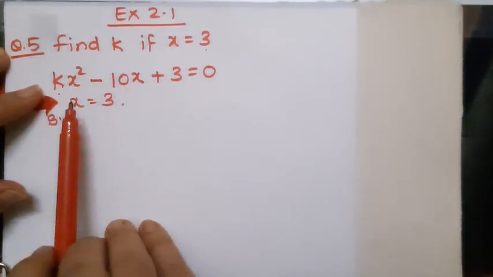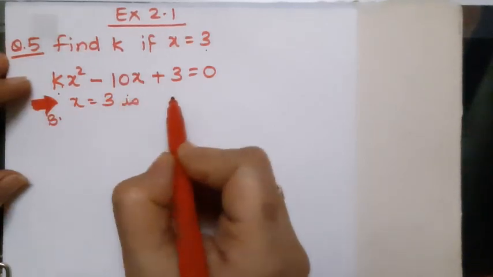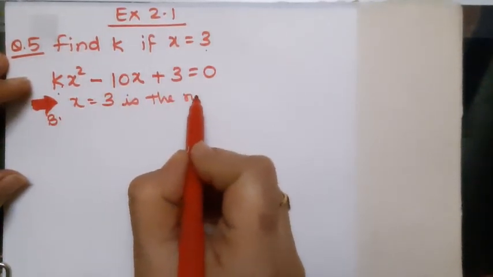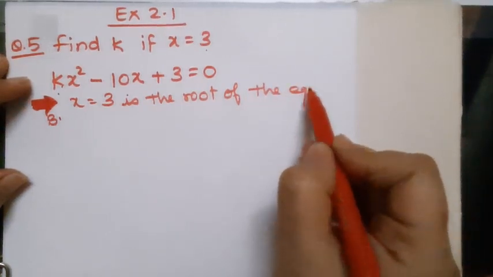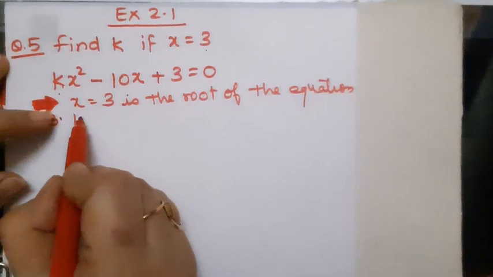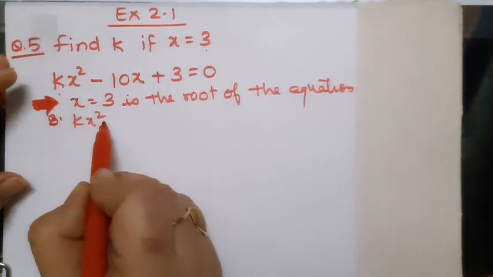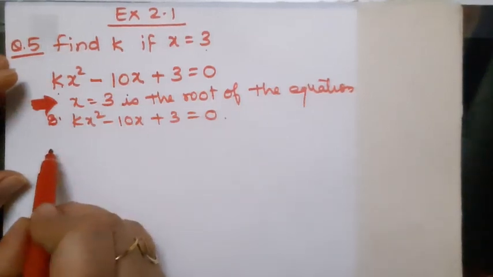So what we will do? We will write the solution. x is equal to 3 is the root of the equation kx square minus 10x plus 3 is equal to 0.